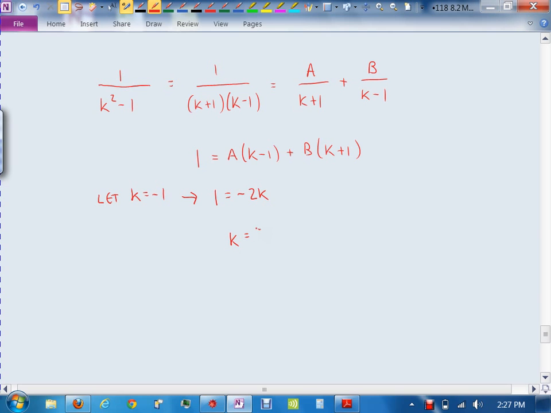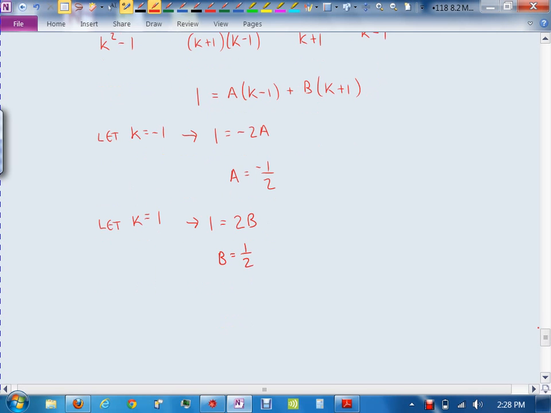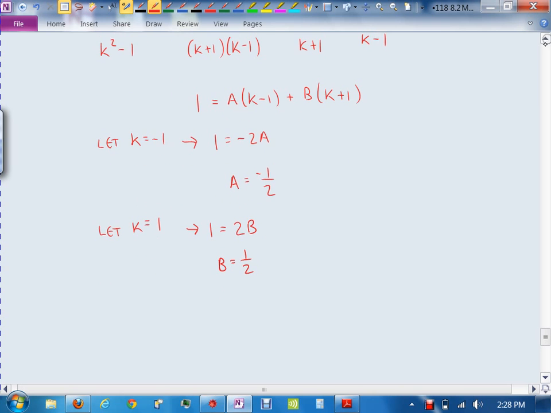So k is negative 1/2. Then I can let k be equal to positive 1, and that gives me 1 equals 2. Oh, sorry, that shouldn't be 2k. That should be 2a. 2b, so b is positive 1/2. We've done this already, right? So I'm not really going to spend a lot of time on that.